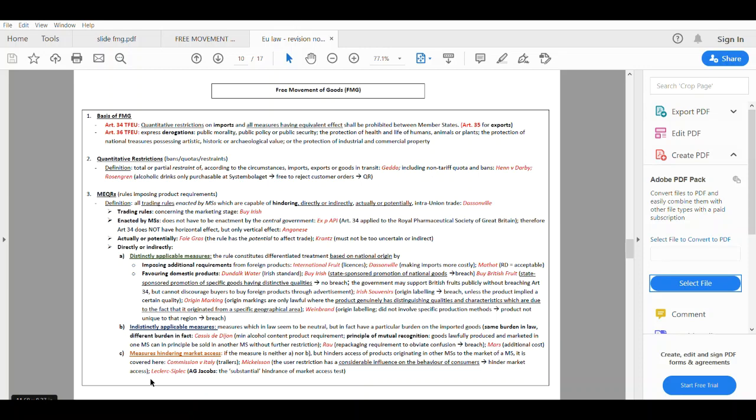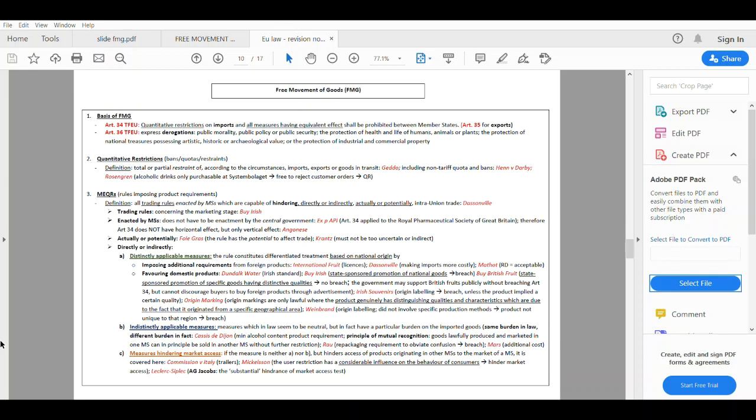So how can you identify whether it's a product requirement or a selling arrangement? You should bear in mind that a rule of thumb for distinguishing between them is to ask whether, in order to comply with the rule, the importer has to make any physical alteration to the product.